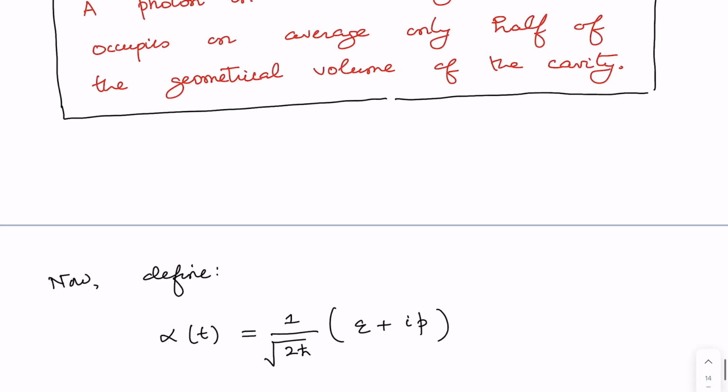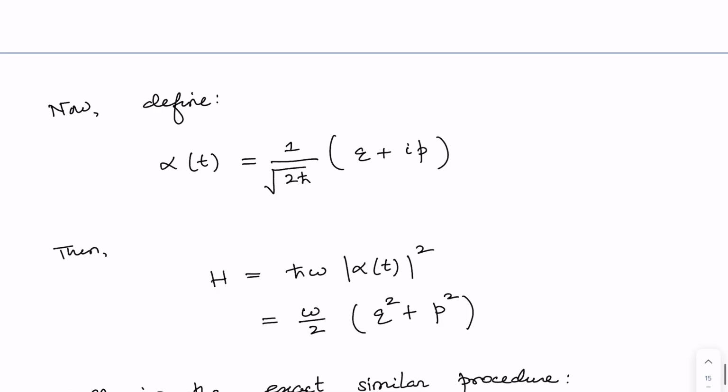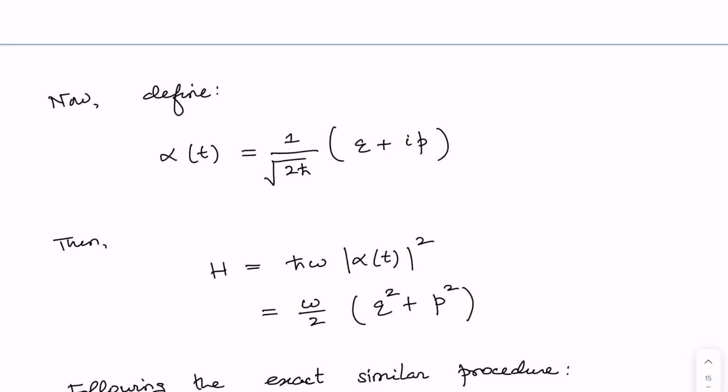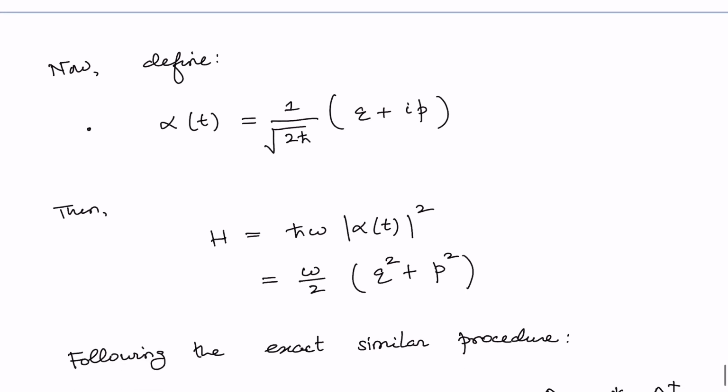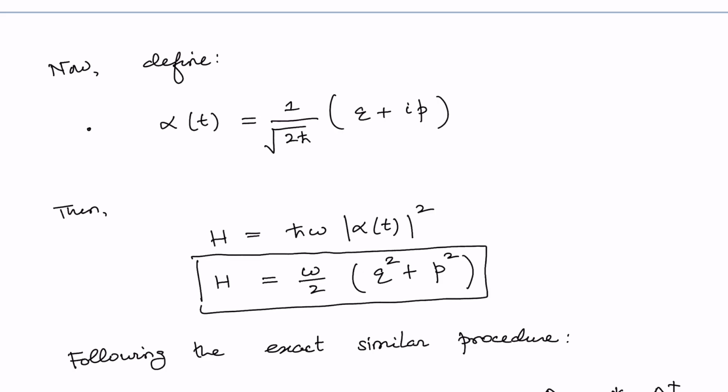Now the rest of the procedure is again simple. As usual we define this variable alpha of t in terms of q and p, as we have done in the case of the propagating wave, and then finally we can write the Hamiltonian H in this form, omega by 2 times q square plus p square. And again we can establish that q and p are canonically conjugate variables, which I leave to you to do.